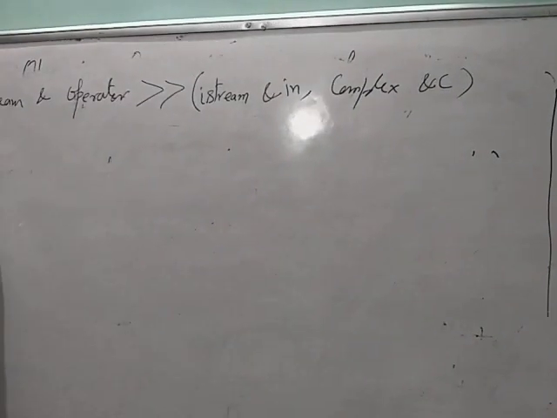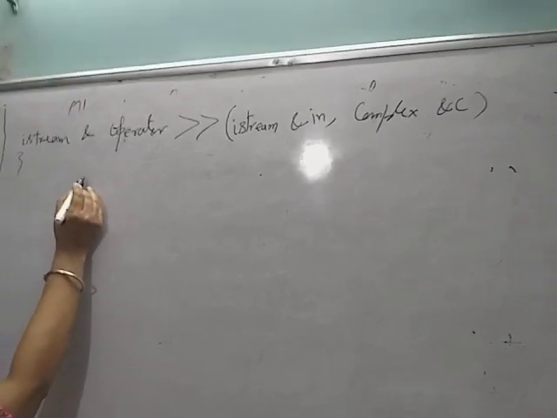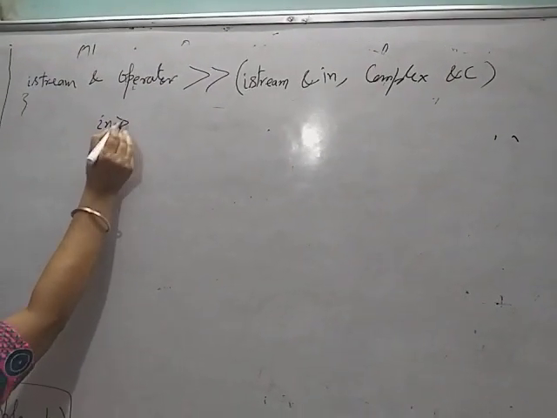Okay, and here within this simply we write what? in is the object of like what?